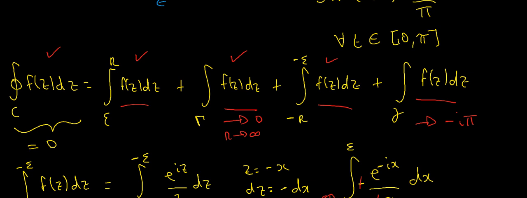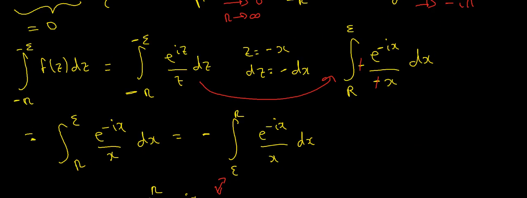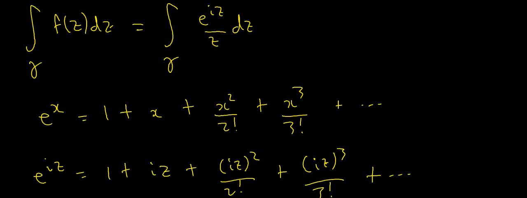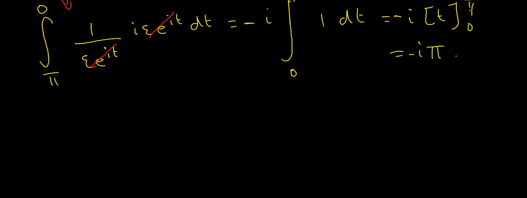So putting it all together, what do we get? Well, this thing is equal to 0 by Cauchy's theorem. This integral plus this integral just goes to 2i times the integral from 0 to infinity of sine x over x. This integral goes to 0 as r goes to infinity, and this integral, as epsilon goes to 0, goes to minus i pi. So putting it all together, it's quite a lot of work here.